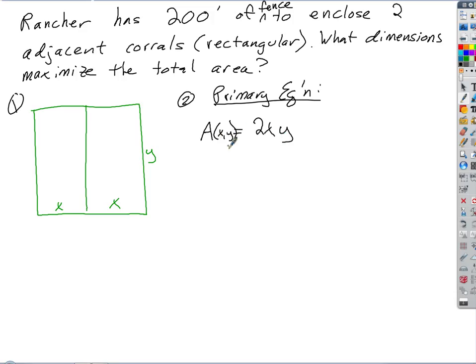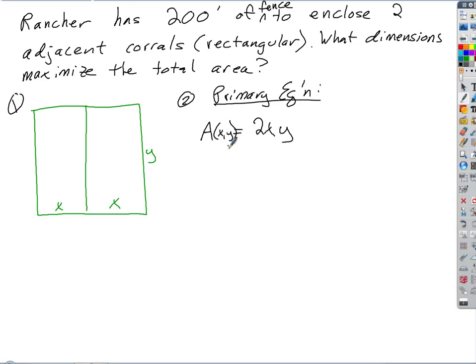If our primary equation is a function of one variable right from the beginning, that makes us happy because we don't have to come up with a secondary equation or an equation of constraint. We can just do the math.